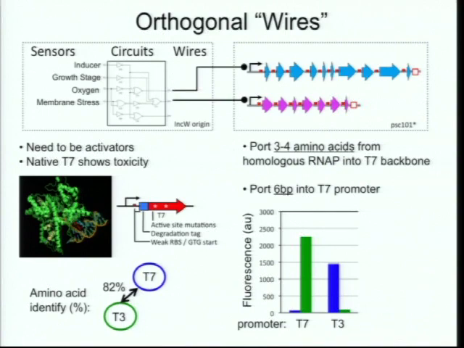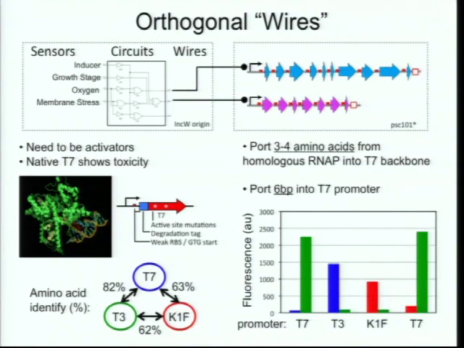If you just take the amino acids that are in that loop that bind to the promoter and swap them, now it activates the T3 promoter, but not the T7 promoter. We did this for some more exotic polymerases, such as K1F. And again, now that K1F promoter is turned on by its own polymerase, but not turned on by T7.